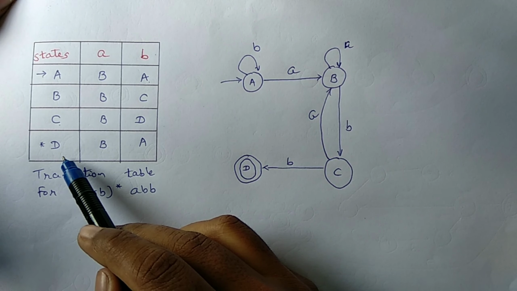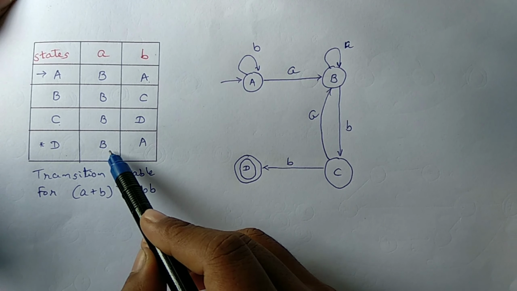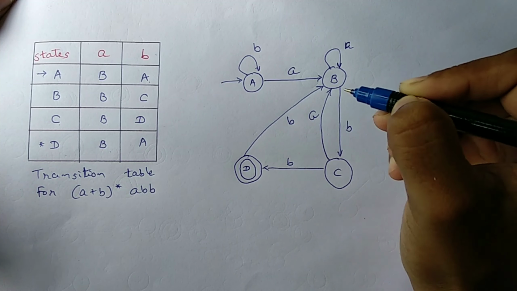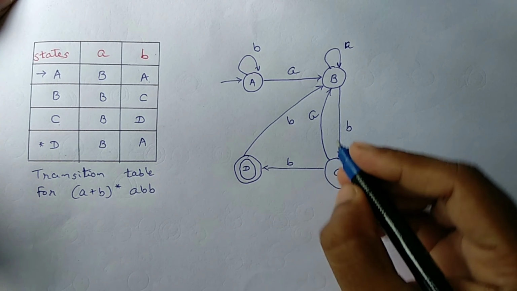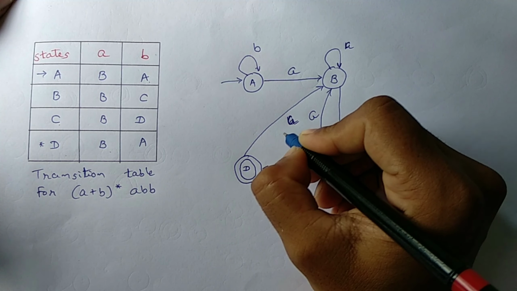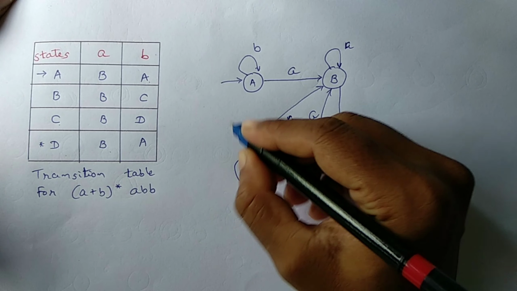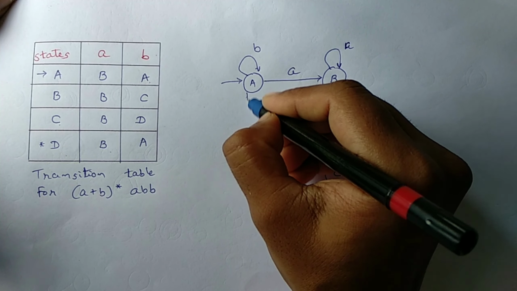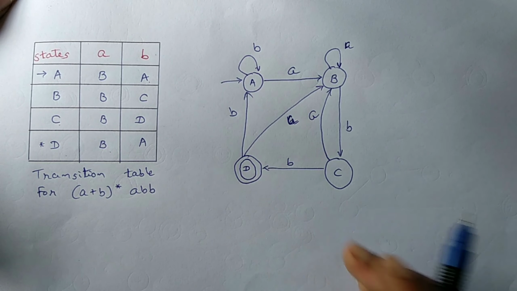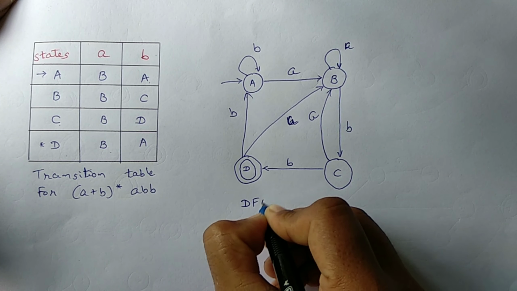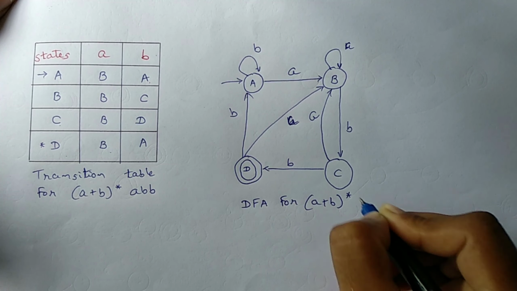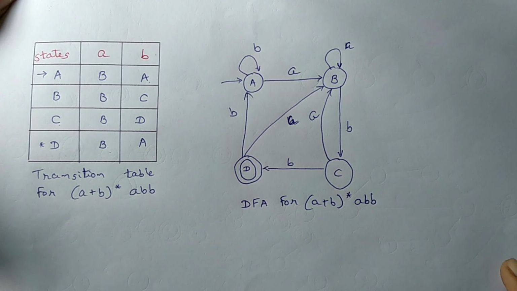Now D to A reaches state B and D to B reaches state A. So this is your DFA for (A or B)* ABB.